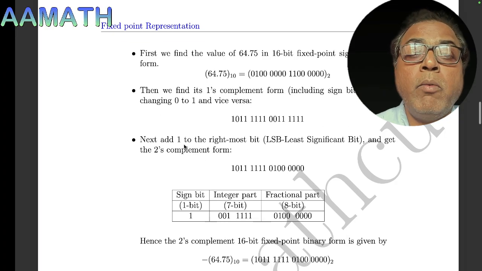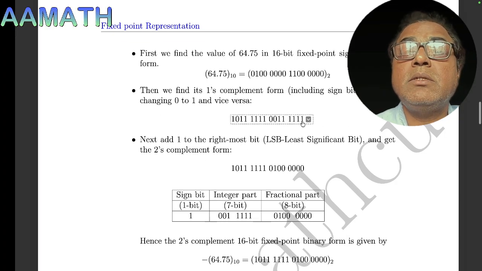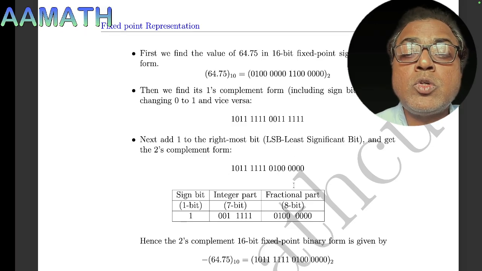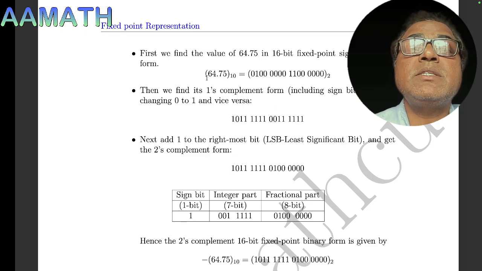Next, we add 1 to the rightmost bit, the least significant bit, LSB. Add 1: 1 plus 1 is 0, carry 1, 1 plus 1 is 0, carry 1, 1 plus 1 is 0, carry 1, and this is the 1. And this is the two's complement form of this number.